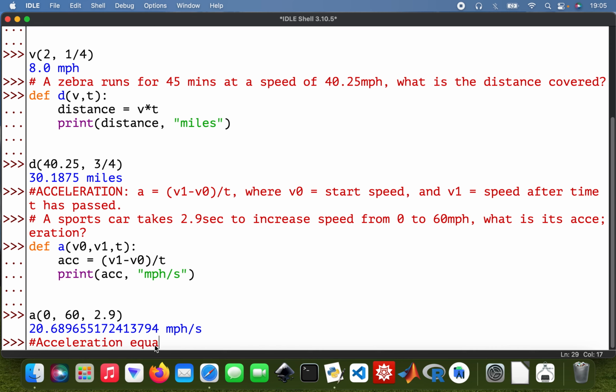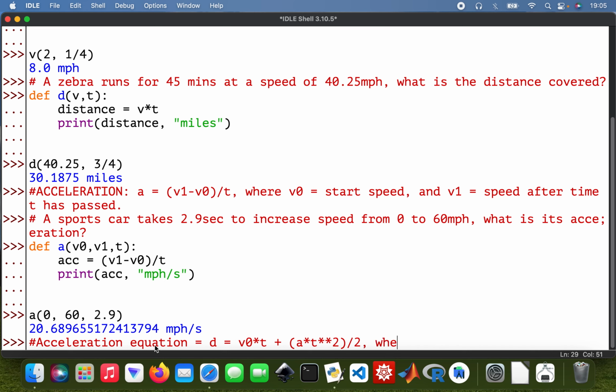Equation, which is d equals v0 times t plus, so a times t squared divided by 2.